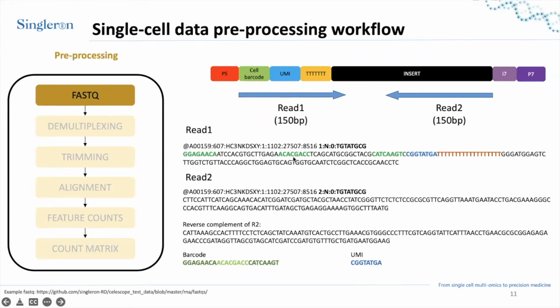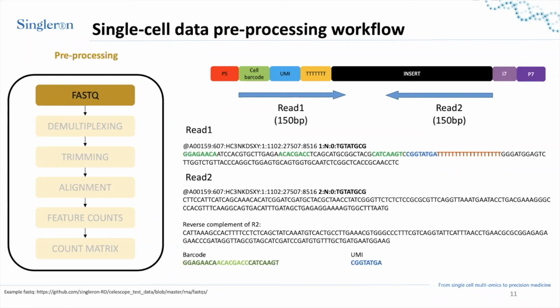The second part is that having these linker sequences enables part of the quality control as well. If we don't observe this linker sequence, it means this read 1 is not properly generated, and then the read 1 will not be used for the later feature counts.